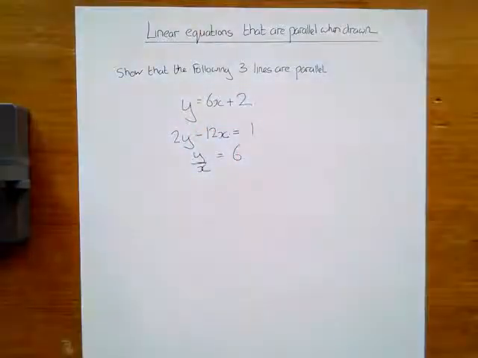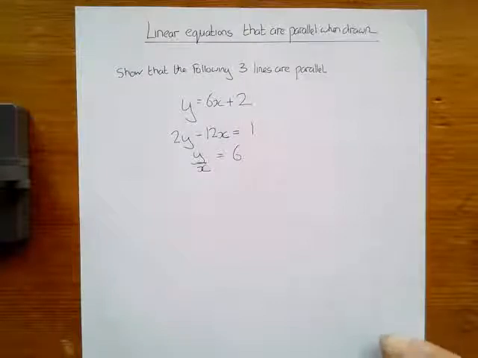So there we are. I've got three different equations on the page. Each of them could be plotted and you would get three lines, and we're being asked to show that those three lines are parallel. How do we do that without actually plotting them?